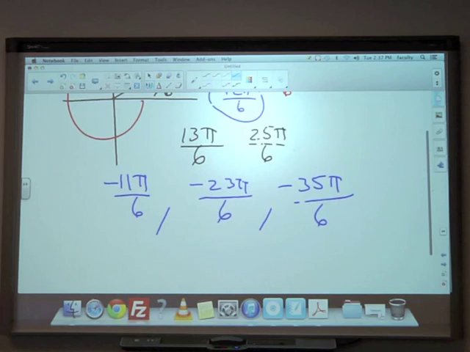And this is radian measure right here. If it's got the pi, it's radians. After all, one way to know if the angle is in degree measurement is it should have that little degree symbol in the upper right.